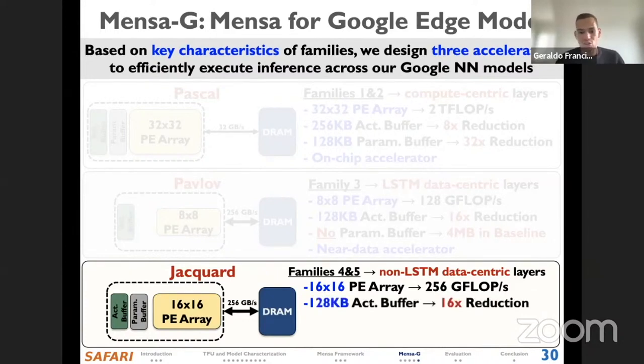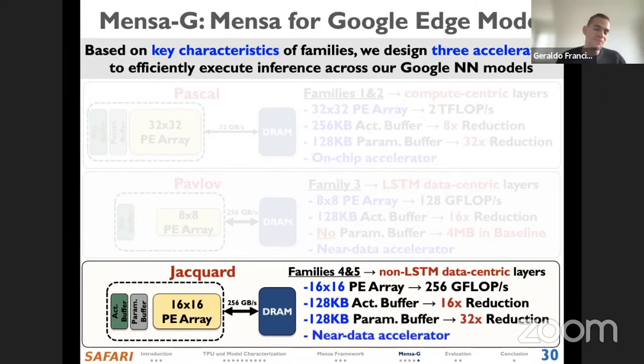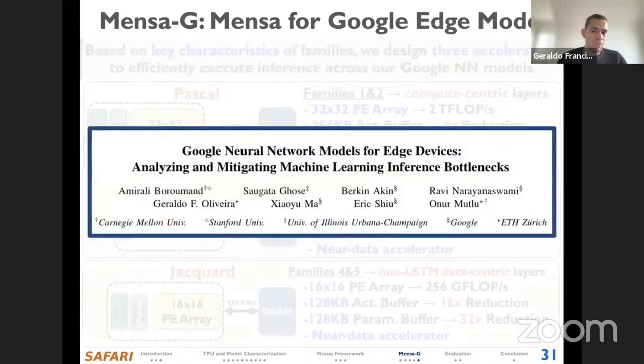We also use a 128 kilobyte buffer for activations and a 128 kilobyte parameter buffer in Jacquard. Similar to Pavlov, we place Jacquard inside the memory due to the high memory bandwidth demands of layers in families 4 and 5. So we invite you to check our paper for more details on all of those accelerators, including the discussion of our specialized dataflows for each one of them.